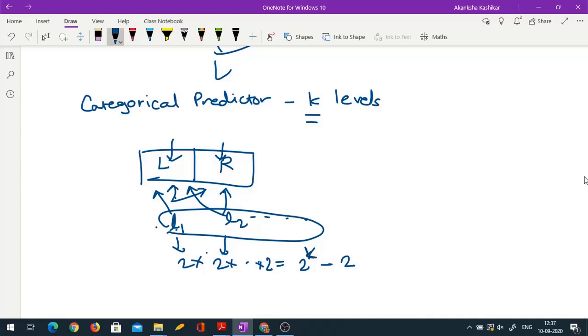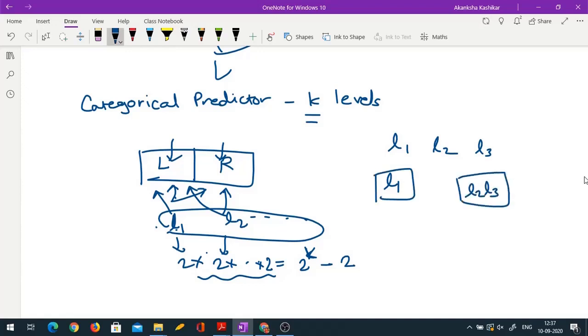There is some slight bit more of a catch. Suppose I have only 3 levels, L1, L2, L3. One combination would be L1 in one node, L2 and L3 in another node. At the same time, L2, L3 here and L1 here is another combination. So this is combination 1, this is combination 2.